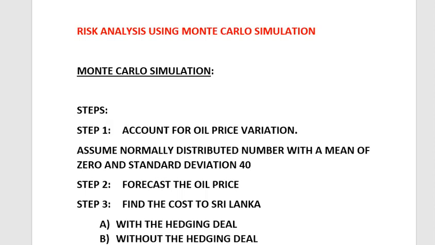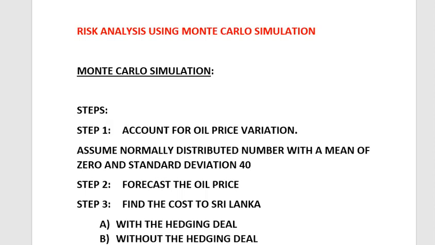I don't have time, so I just assumed a normally distributed number with a mean of 0 and a standard deviation of 40. And I think that's a pretty good assumption because oil prices vary a lot. A $40 standard deviation is not an unreasonable assumption. And so it could be plus 40 to minus 40 in a given month.